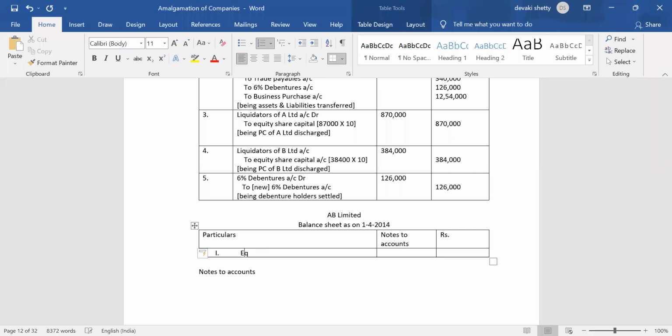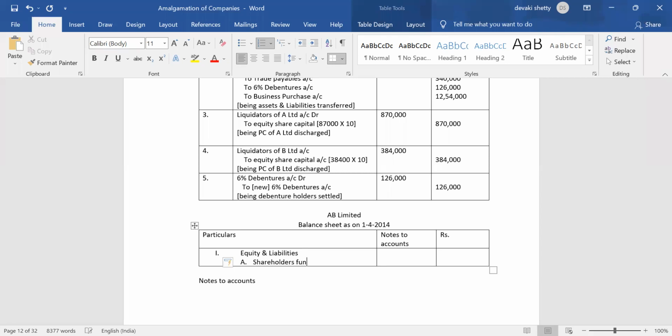तो balance sheet मतलब equity and liabilities. Equity मतलब what?